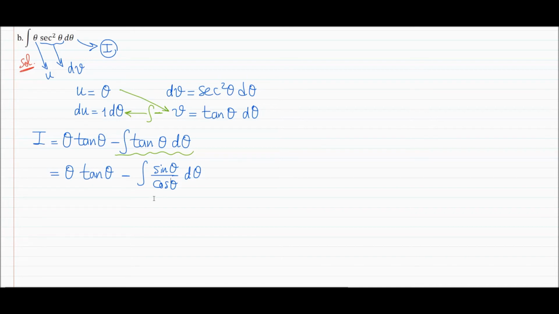So here in the denominator you have cosine x, and in the numerator you have sine x. You know that the derivative of cosine x is negative sine x, so you have to multiply by negative here and negative outside the integral in order to use the rule. So the answer is theta tan theta plus ln of the modulus of what is inside the denominator, plus c.